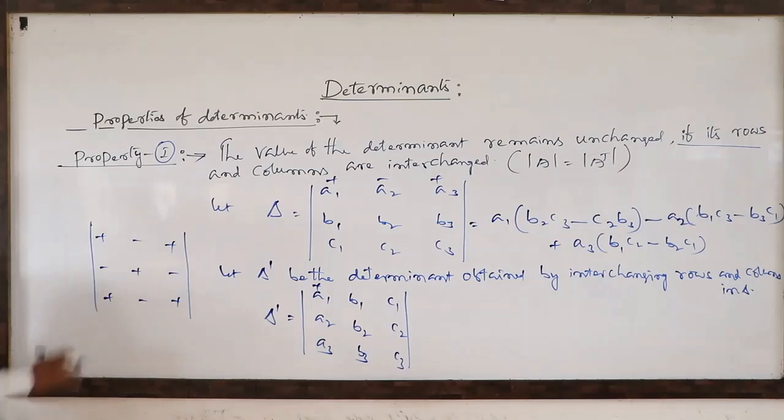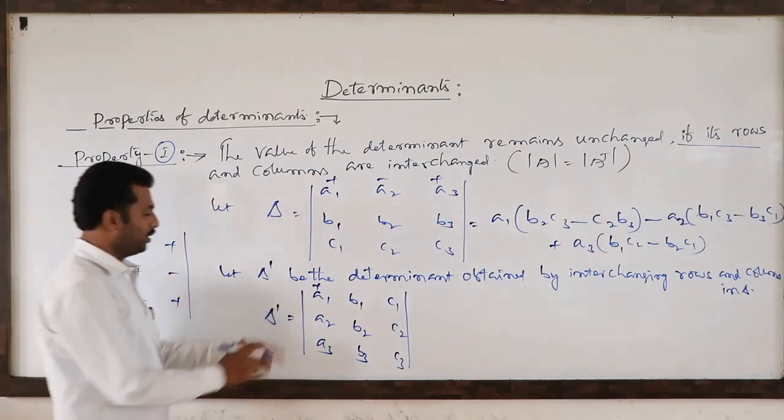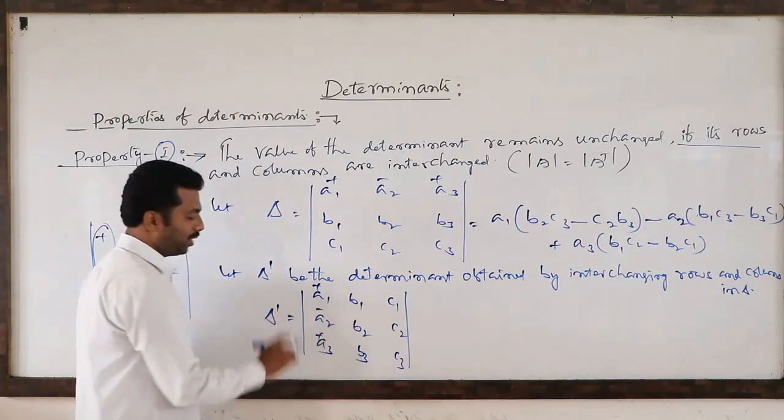Last class I told how to change signs, plus minus plus. So if I choose the first column, these are the signs I have to take: plus minus plus.